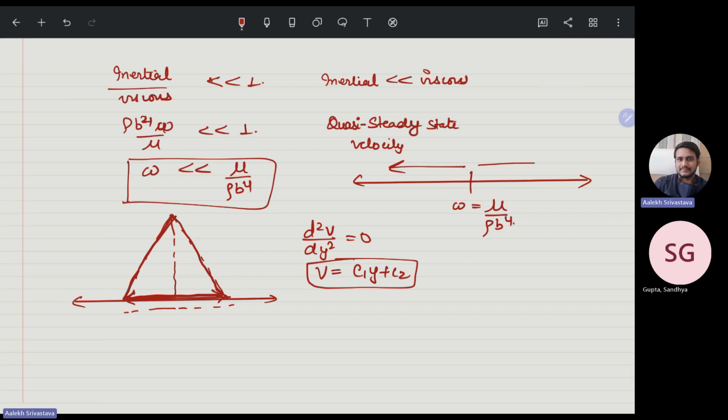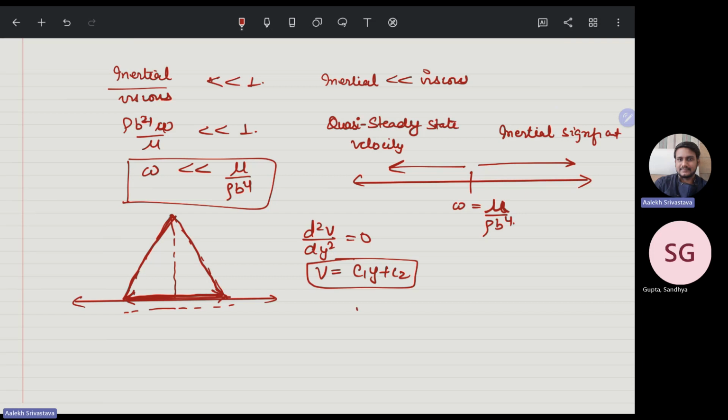Now suppose I write this term in another way. In this case, inertial is significant compared to viscous.